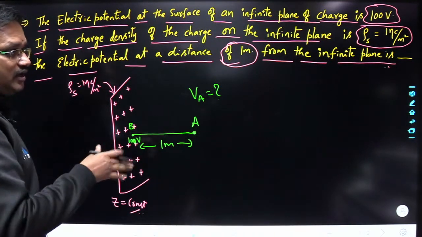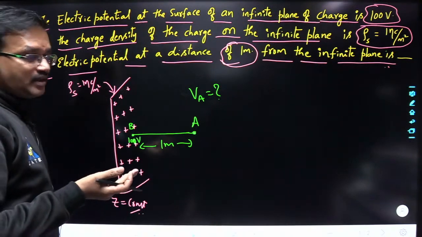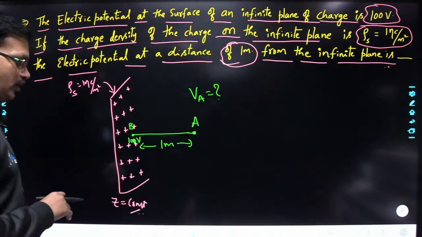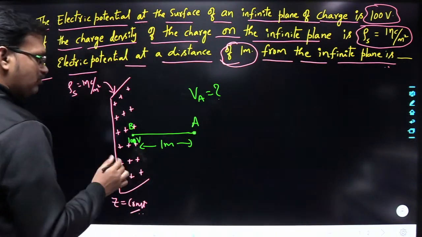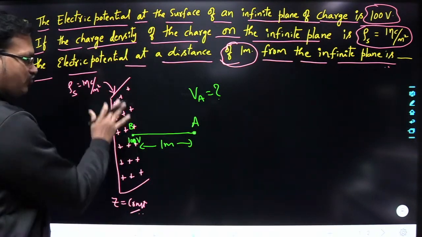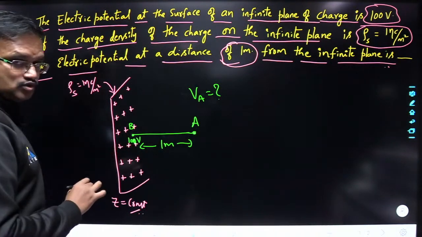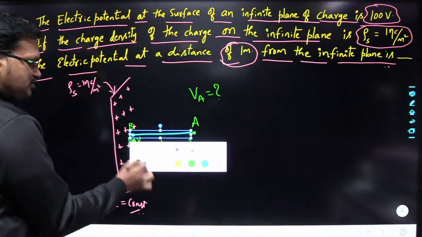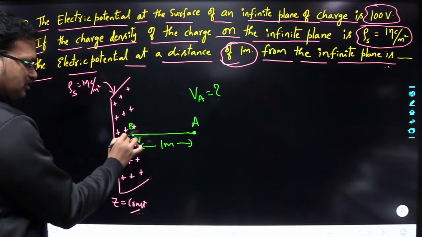Now in this case you should not consider the reference point as infinity. Understood? But they have given the potential on the surface of the sheet charge as 100 volts. So I am considering some point on the sheet charge, and the potential there is 100 volts.